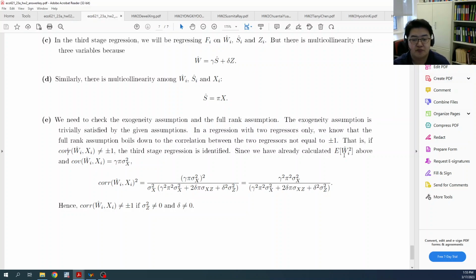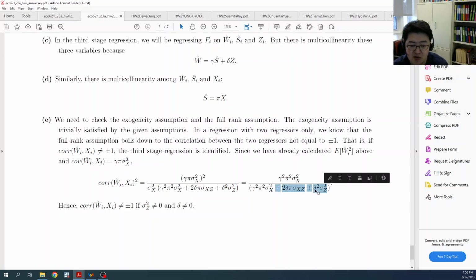So you can calculate the correlation and check if it's plus or minus 1 or not. The correlation, it's also annoying algebra, but possible. So this is the correlation squared. So correlation is not 0, not plus minus 1 if this part is non-zero.